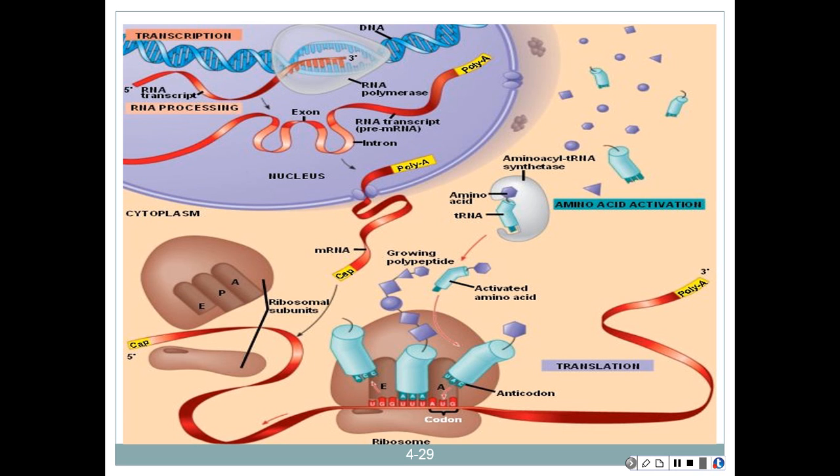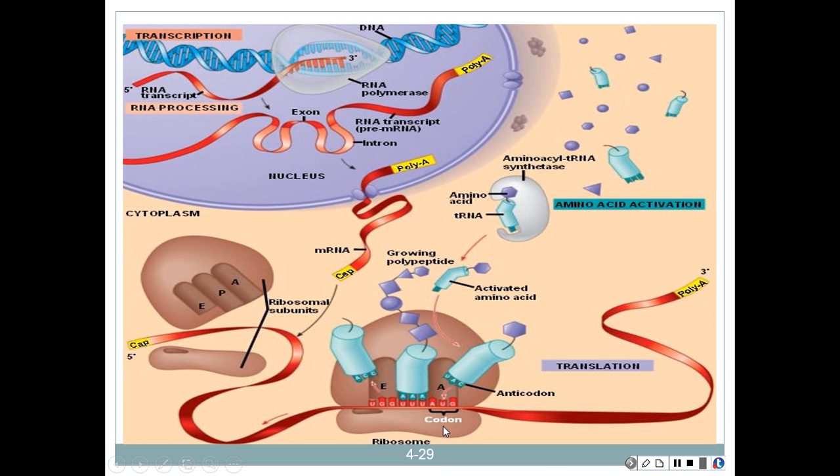and it allows, I think it's 48 different tRNAs to pair up with 61 codons that represent our amino acids. The last stage, our third stage, is termination. It can't keep going on and on. It has to stop sometime. So termination is the process where the ribosome reaches a stop codon.